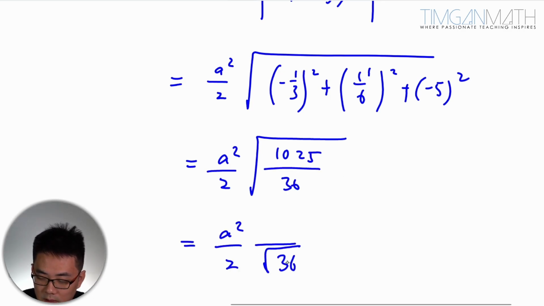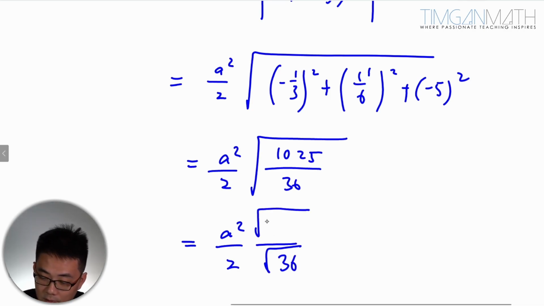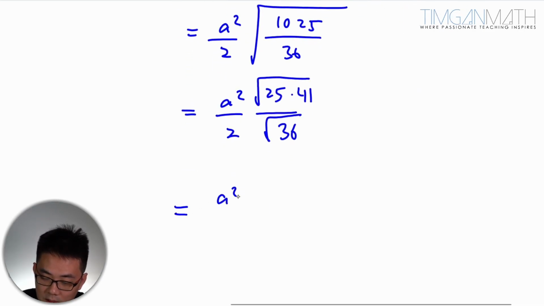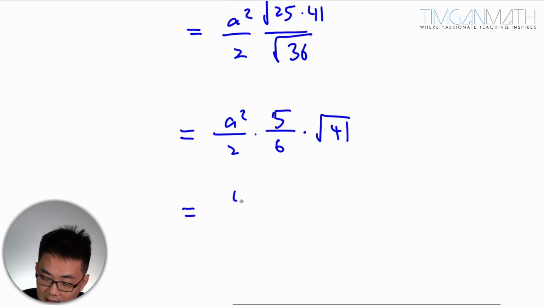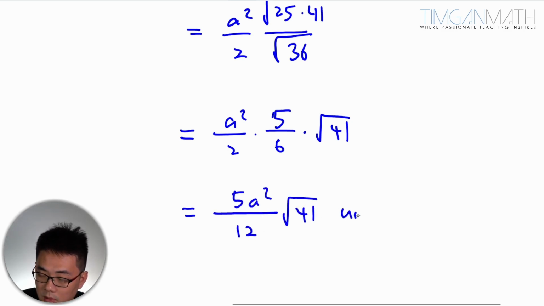So square root 36 is just 6. 1025 can be divided by 25, which is 25 and 41. So this case here will give us a squared over 2 times 5 over 6 times square root 41. So that will give us 5a squared over 12 square root 41 square units.